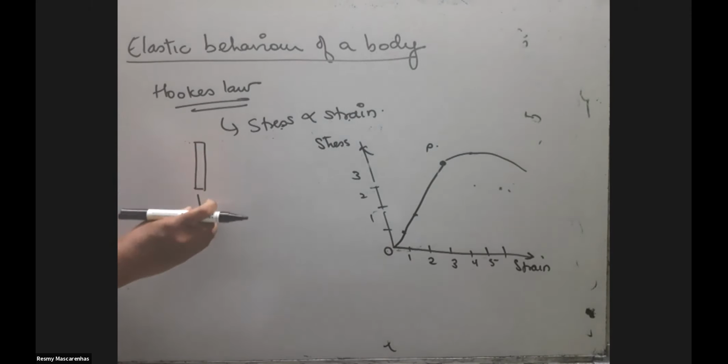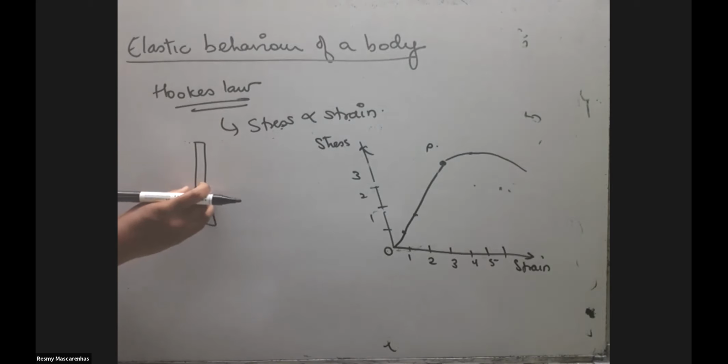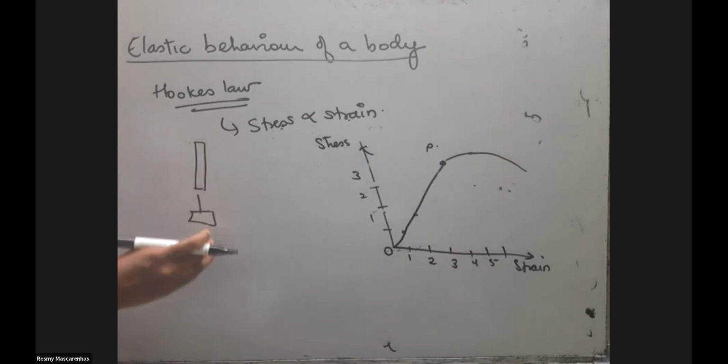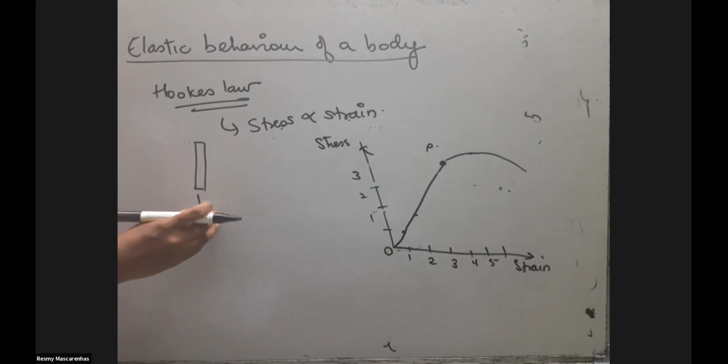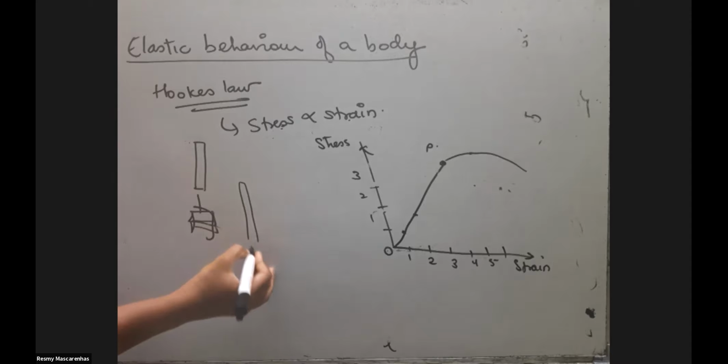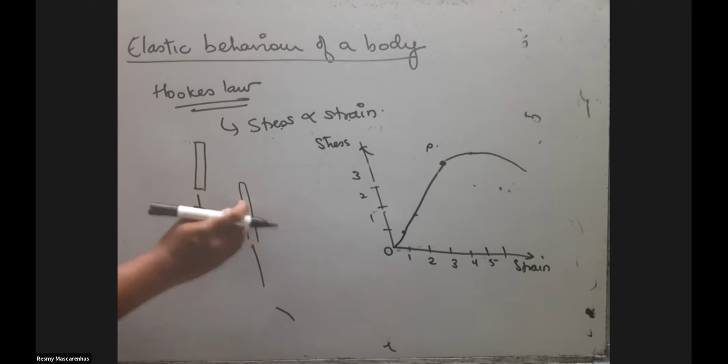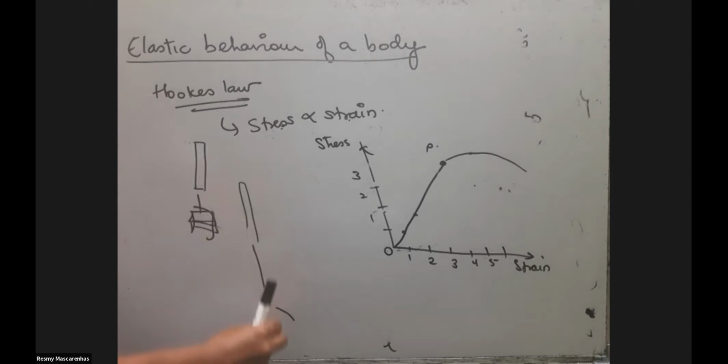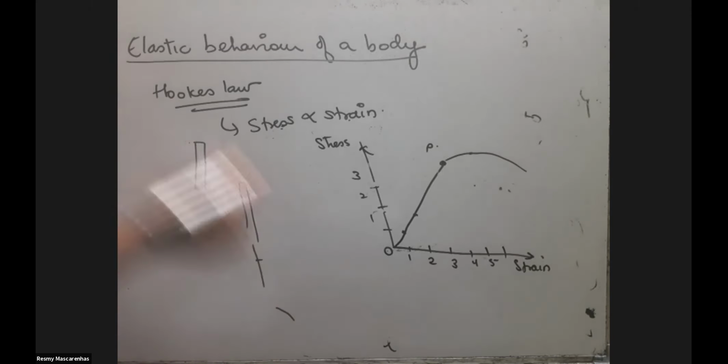The wire will try to stretch itself. Now the moment you remove the load, if it's within its elastic limit, it will go back. But if you keep on increasing the load beyond a limit, slowly this wire will get stretched, and then even if you remove the load, it will lose all its elastic property, and this wire will keep on getting stretched under its own weight, and at some point that wire will break off and fall.